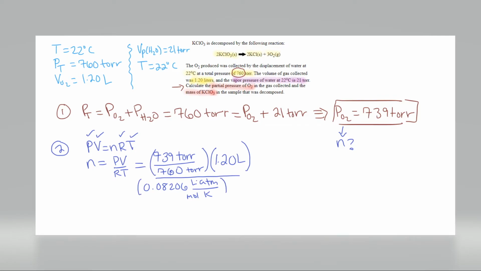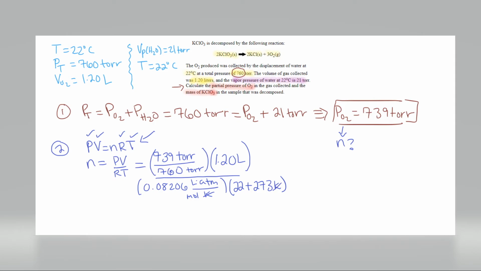But if you ever forget what the units are for the gas constant, rearrange PV equals nRT, solve for R, and whatever is on the other side of the equal sign are your units. And then our last bit right here would be your 22 degrees Celsius plus 273 Kelvin, because we need to cancel this Kelvin right here. So it can't be in Celsius.